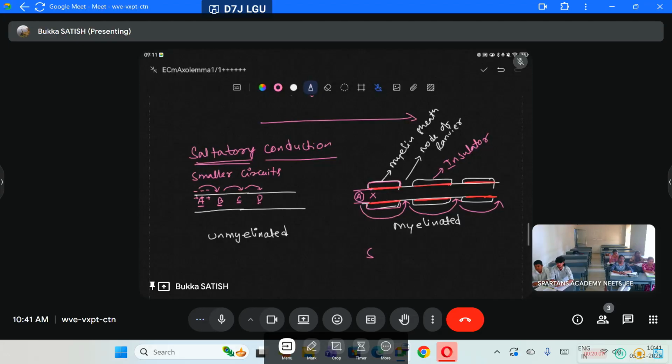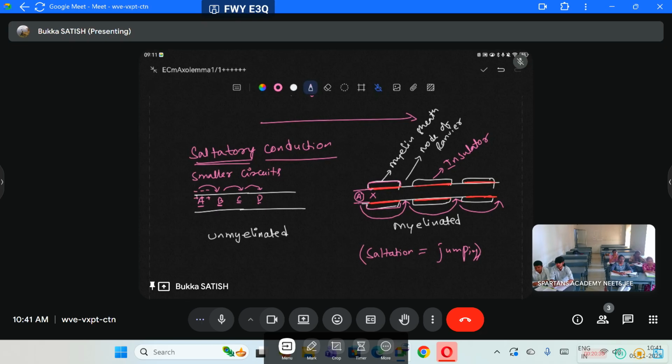Right. When we say saltation, the meaning of saltation is actually jump. Even in evolution, we use the same term. When we say saltation, technically the meaning is jump. So what is jumping here? Action potential is jumping from one node of Ranvier to the next node of Ranvier.